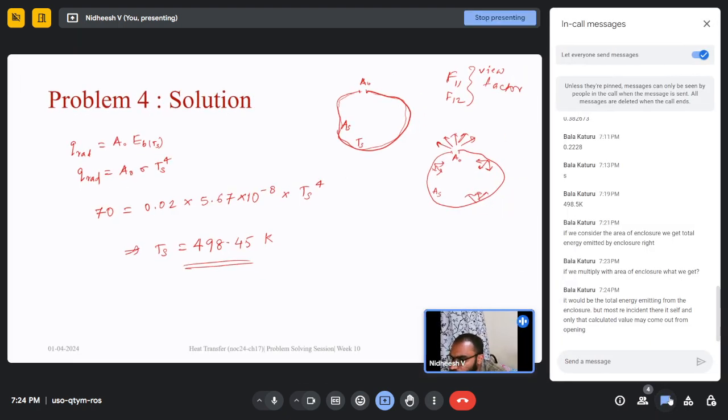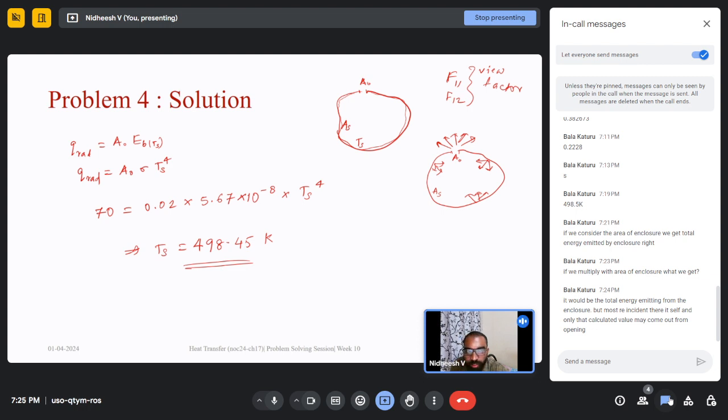It would be the total energy emitting from the enclosure. But when you are taking the area of the enclosure, it is considering all the reincident radiations also, right? My point is, when we are taking the area of only the opening, we are considering only the radiation that is coming out of this black body.